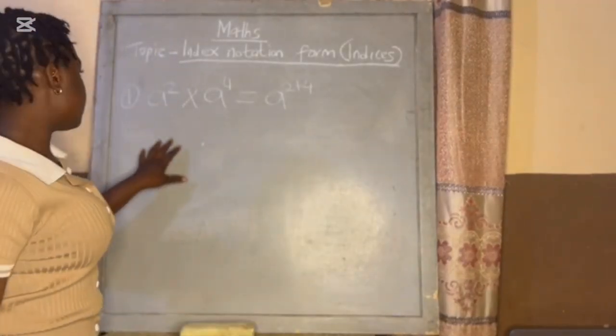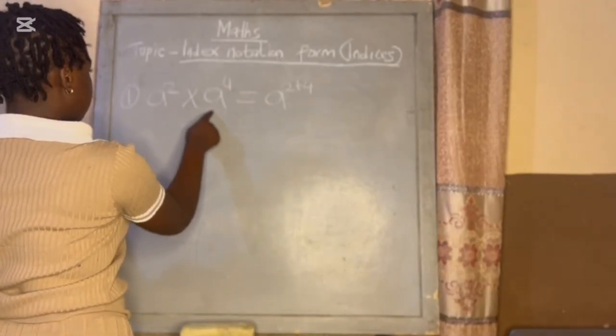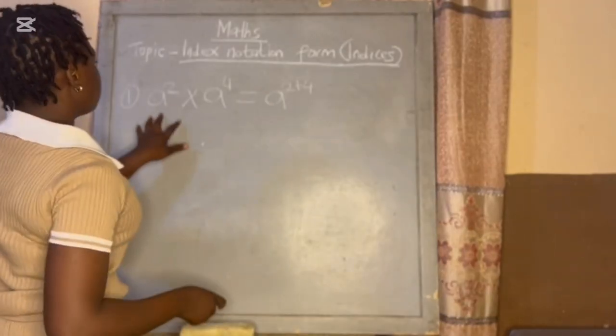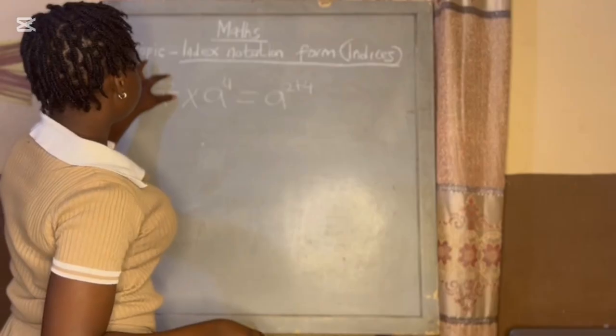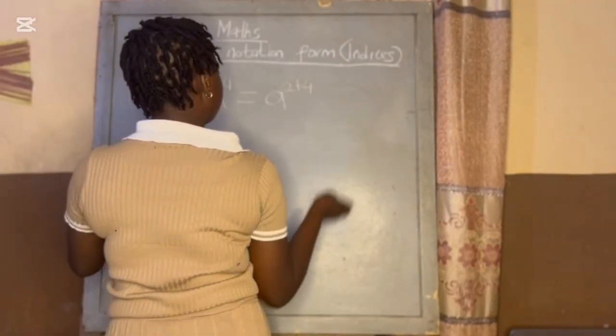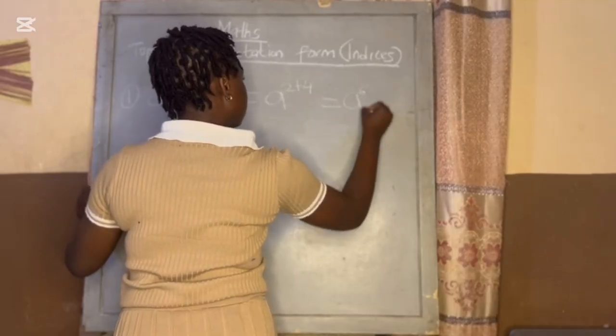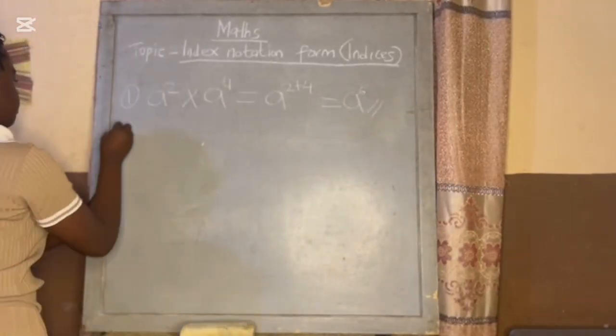If the two bases are the same, you add the exponents. So 2 plus 4 gives a raised to the power 6. This is our final answer.